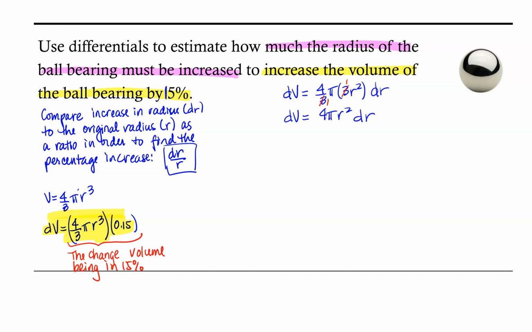Now notice we have two different expressions or equations that describe how we want the volume to change. And note that we want them both to be valid. So what we're going to do is set these two equal to each other. That is, we're going to have 4/3 pi r cubed times 0.15, which is equal to dV.